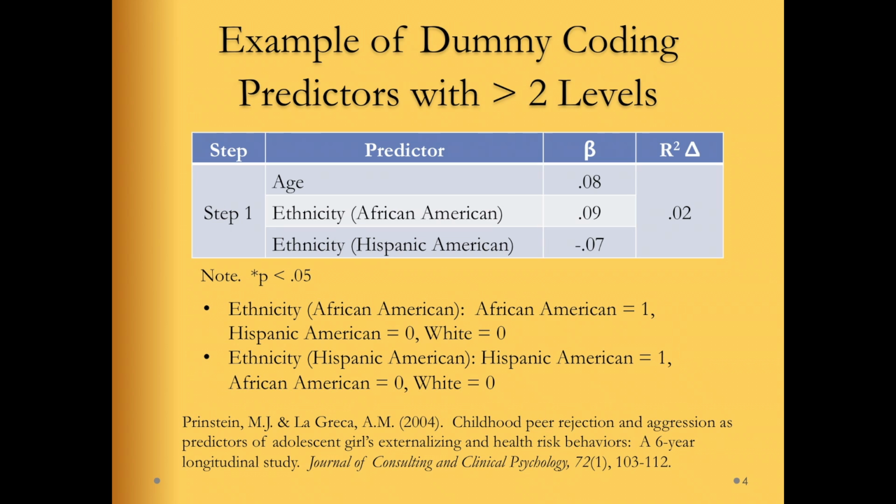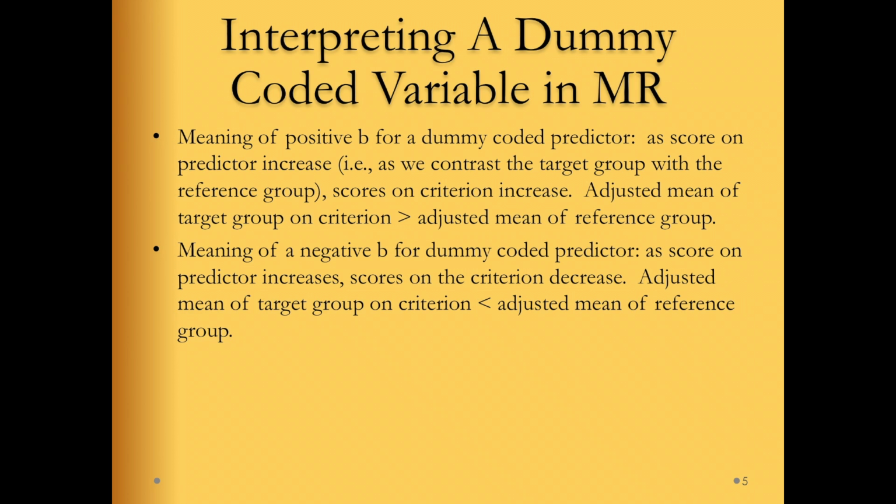Here's a summary of the meaning of positive and negative partial regression coefficients for dummy-coded variables. For a predictor with a positive b, as the score increases, or as we consider the target group, scores on the criterion increase. A significant finding tells us that the target group has a significantly higher mean score than the reference group.